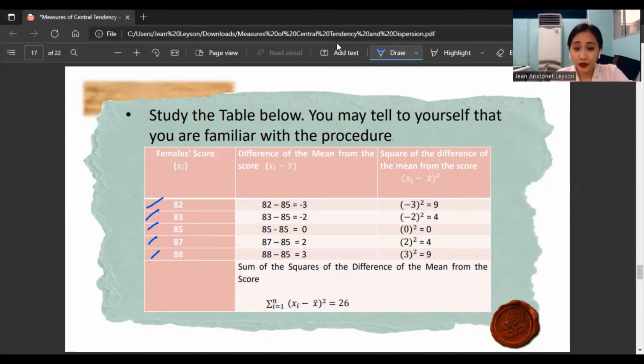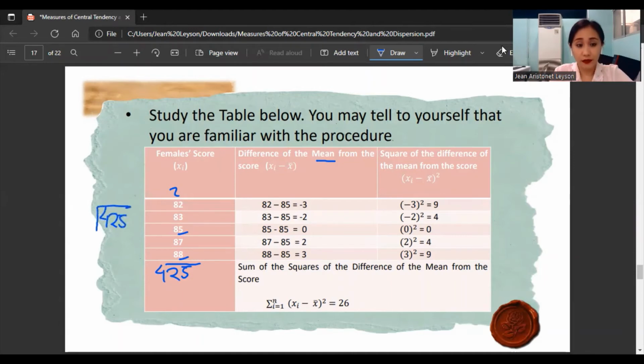So the first thing that we have to do is to solve for the difference of the mean from the individual scores or grades. The mean was already given earlier. But if you want to solve, that is 82 plus 83 plus 85 plus 87 plus 88, which is 425.